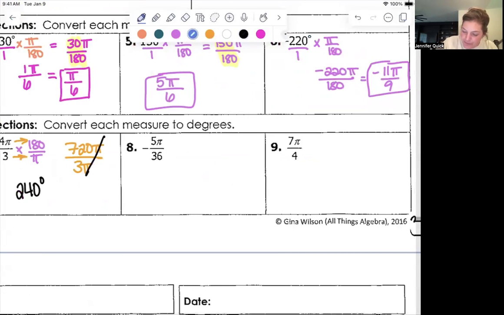All right, times by 180 over pi. We do 5 times 180, which gets me 900 pi over 36 pi. And again, this is negative because that negative's right there. My pi's go away. 900 divided by 36 gets me 25, and it is negative.